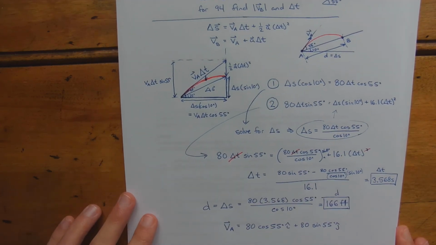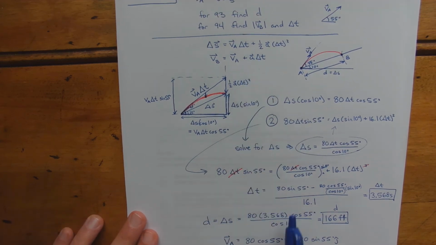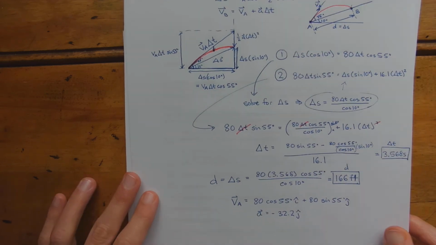And then the acceleration is always pointing straight down. So that's negative 32.2 in the j hat direction, as we saw in a previous problem. I know delta t, so I can take these quantities along with my delta t, plug them in this equation here, and get the final velocity.